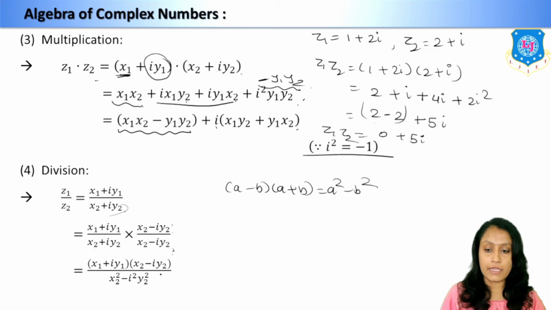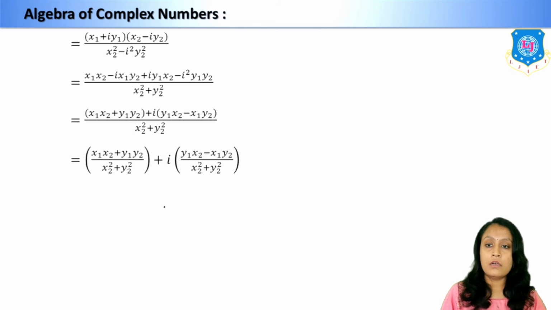In the numerator we have to just write these two brackets. Now we'll substitute the value of i square. We know that i square is minus 1, so here we have plus. And now in the numerator we have to simply multiply. So on multiplication you will get x1 x2 minus i x1 y2 plus i y1 into x2 minus this i square y1 y2.